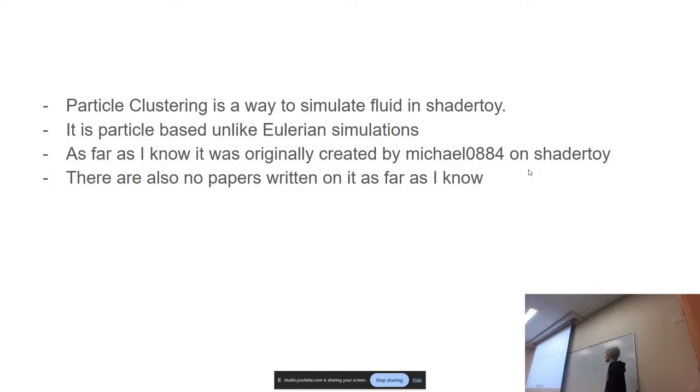But the second you want anything with any kind of surface or topology like water, it just kind of fails. I've tried in the past to get some kind of Eulerian simulation to work, but you need an extremely high amount of cells or pixels to do anything remotely that looks like water.